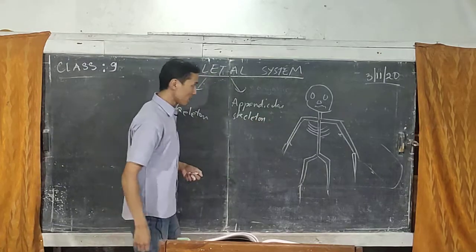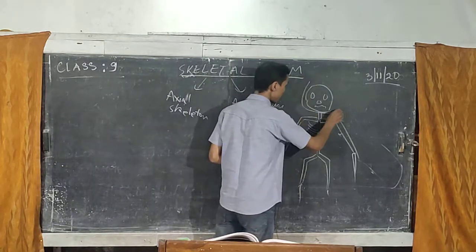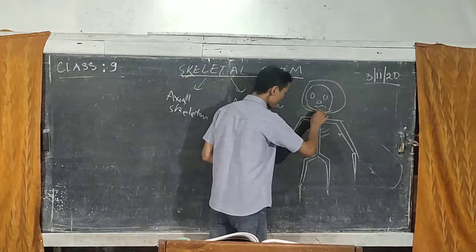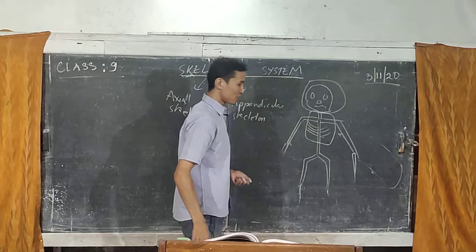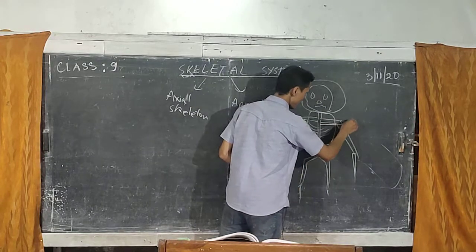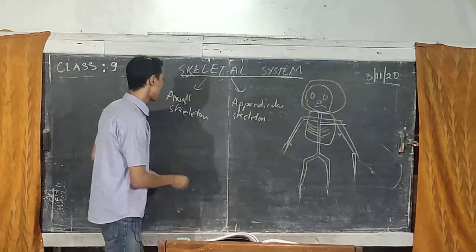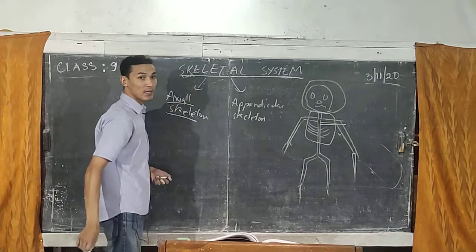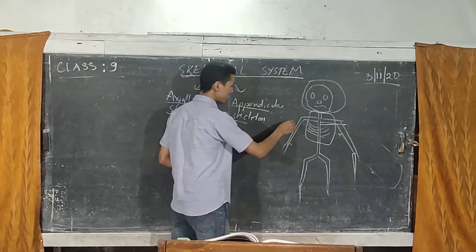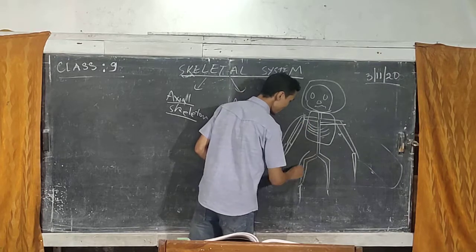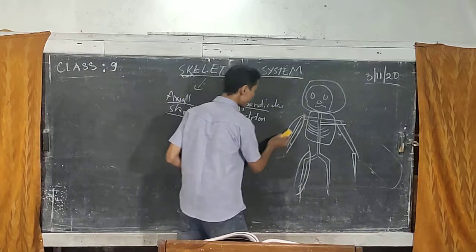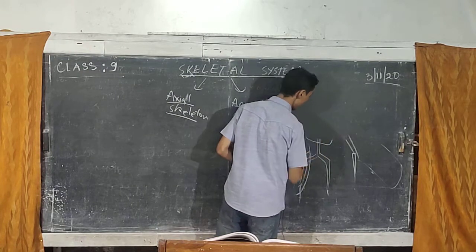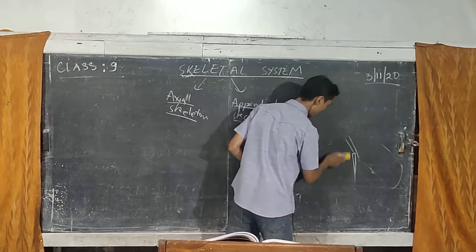Axial skeleton means the skeleton of the head, that is your skull, of the thoracic region, that is the chest, and the backbone itself. These three parts make up the axial skeleton. Appendicular skeleton means the skeleton of the hands and the legs. So these are the two main parts of the skeletal system, axial and appendicular skeleton.